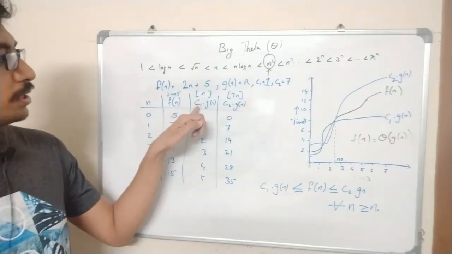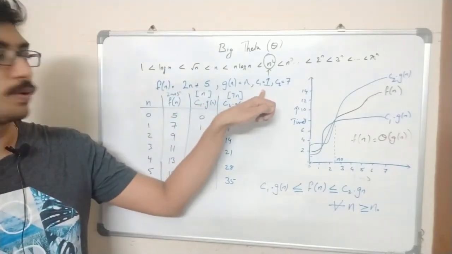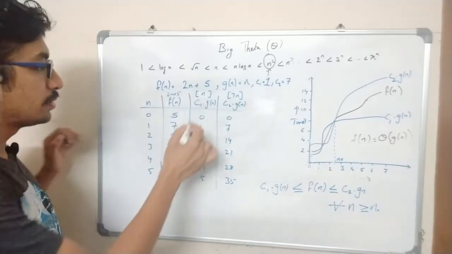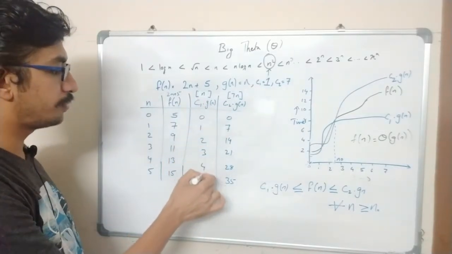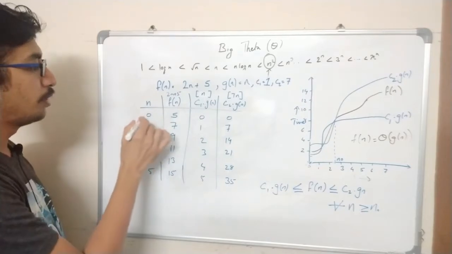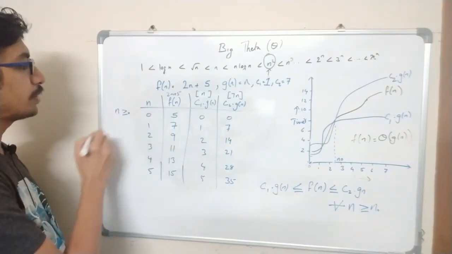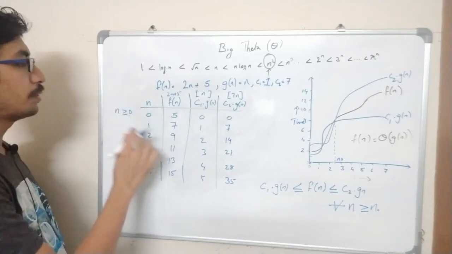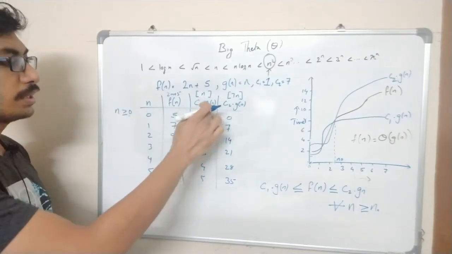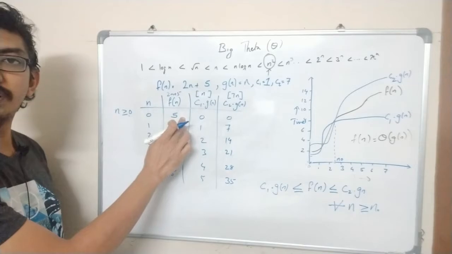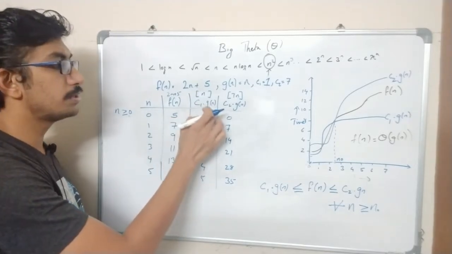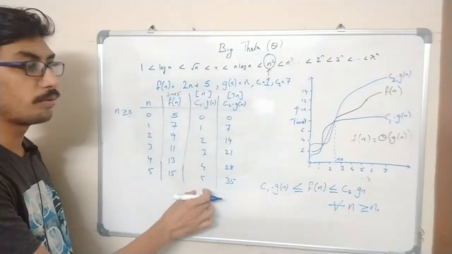For c1 into g of n, I am taking the c1 value as 1, so it will be the same as n: 0, 1, 2, 3, 4, 5. Here you can see that for all values of n greater than or equal to 0, c1 into g of n has a lesser value than f of n, which means c1 into g of n is acting as a lower bound.